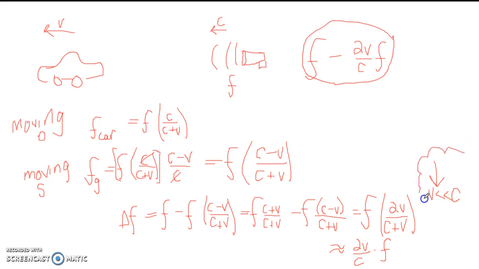And the assumption is that with an electromagnetic wave, the speed of the car is going to be a lot less than the speed of light. And so that turned c plus v into just c, because when you add something really small to something really large, it's pretty much the thing that's large. And so that is our answer.